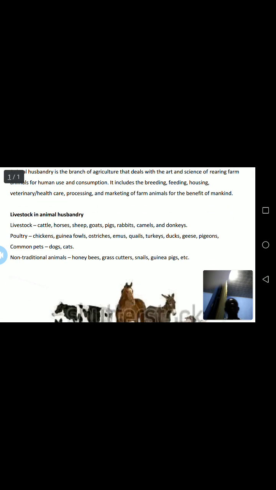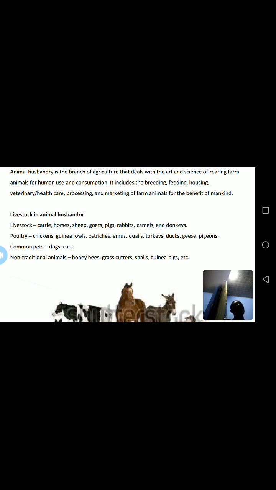Now, livestock in animal husbandry. What are livestock? Livestock are live animals that have been kept for either food or for commercial purposes. They are otherwise referred to as farm animals. Do you understand?